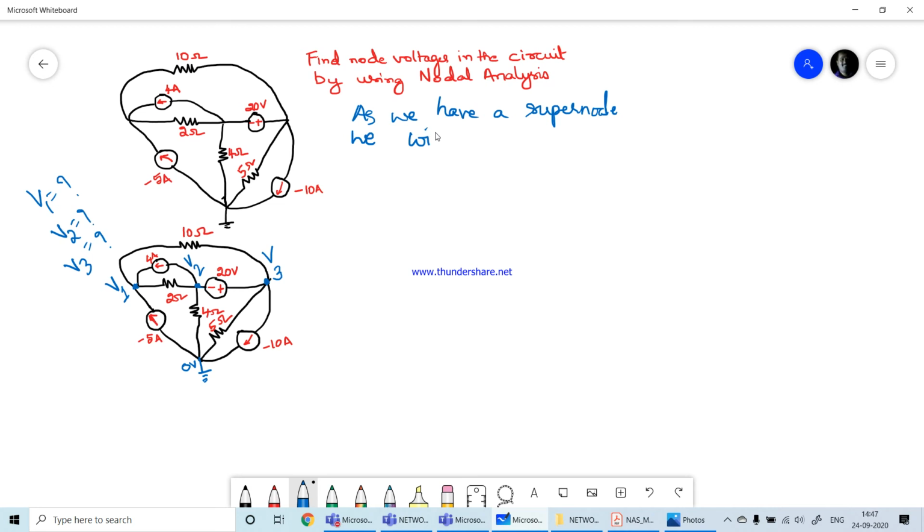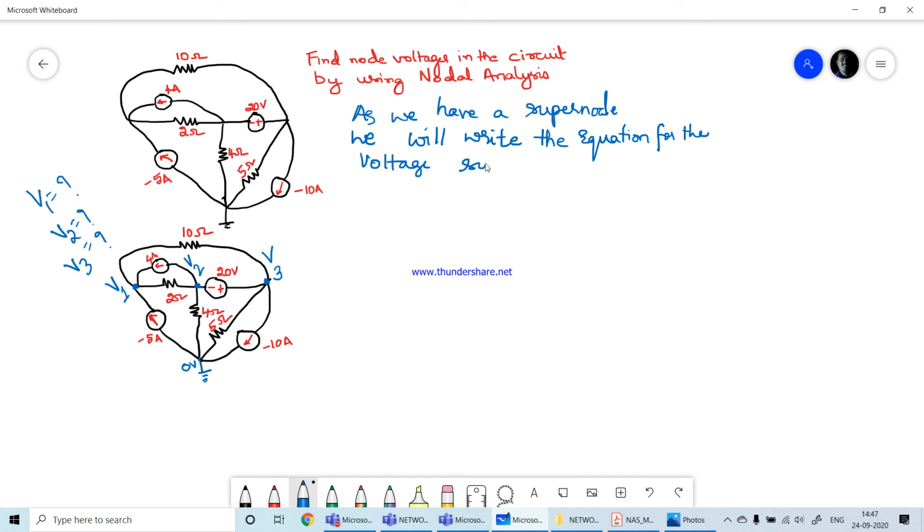So here you can't write the matrix directly. Earlier even in super mesh we did not write the matrix directly. In the same way, even for the super node we will not write the matrix directly, because we need to write the equation for the source. First of all, we will write the equation for the voltage source.